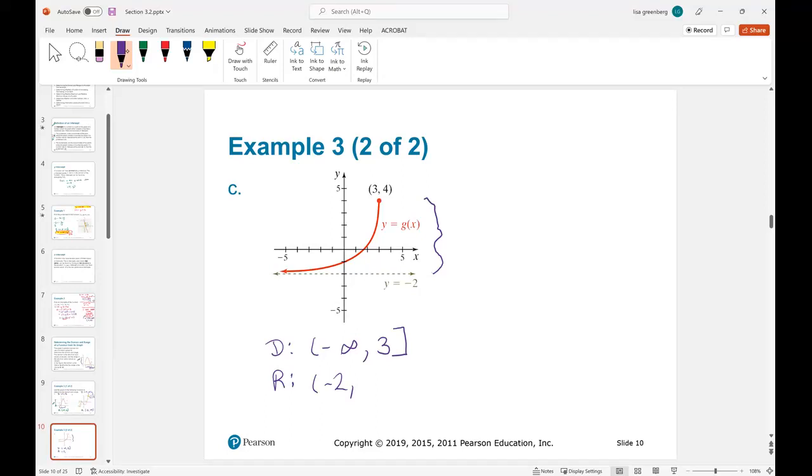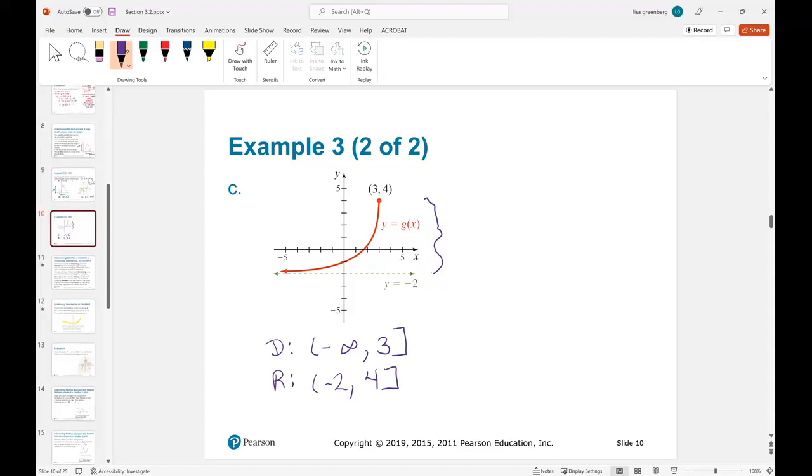But we're saying that that's the lowest it can go, and it never really is going to touch that -2. And the highest value is 4 for y, and it does include 4. So that would be the domain and range for this function from its graph.